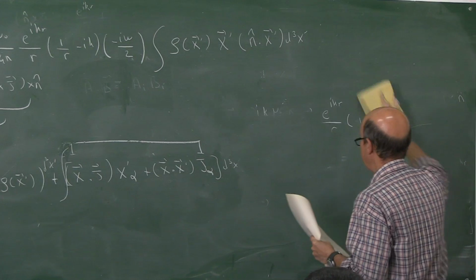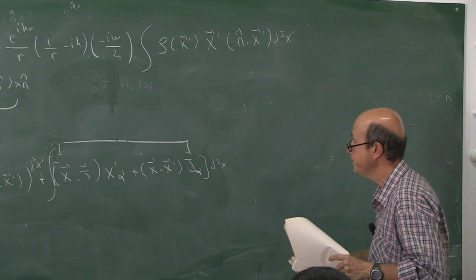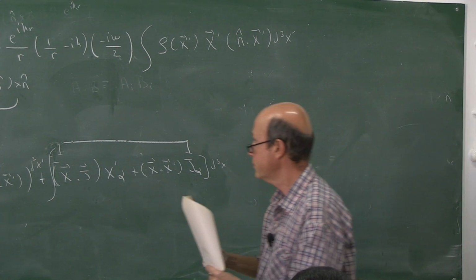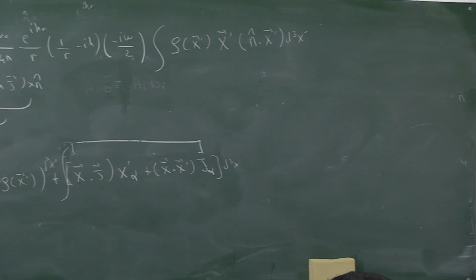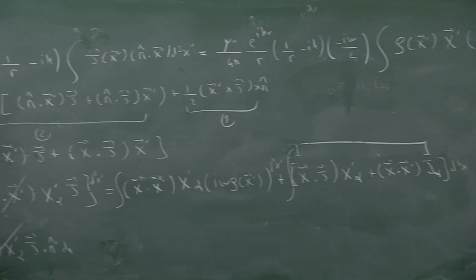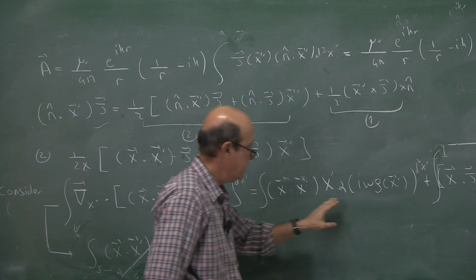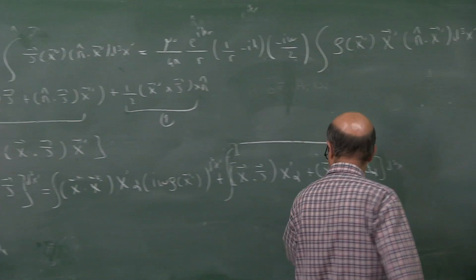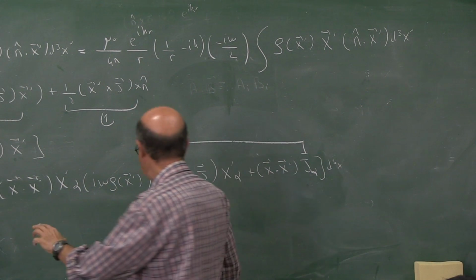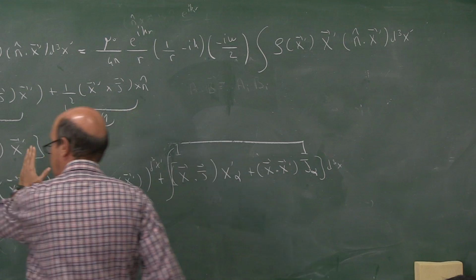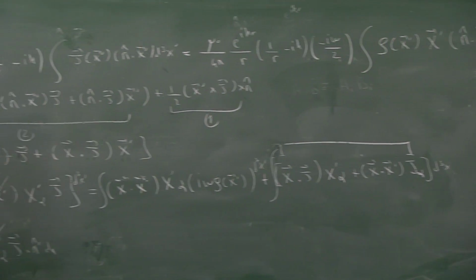Because I want to clarify everything again for you. First of all, we consider this term and express it in terms of this. For alpha 1 to 3, this term is exactly this whole term.